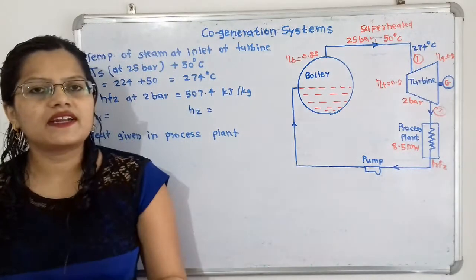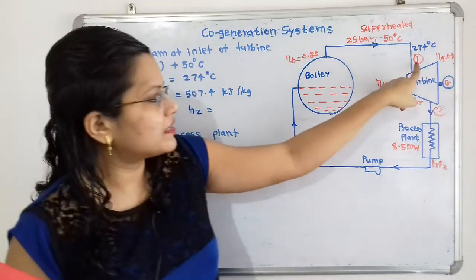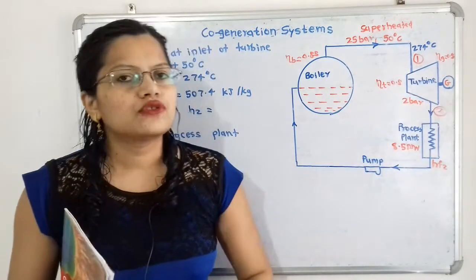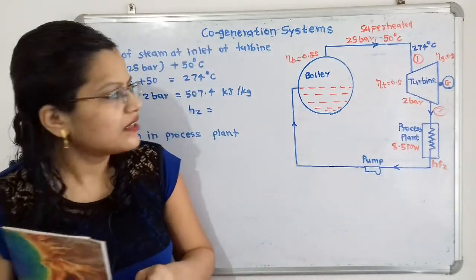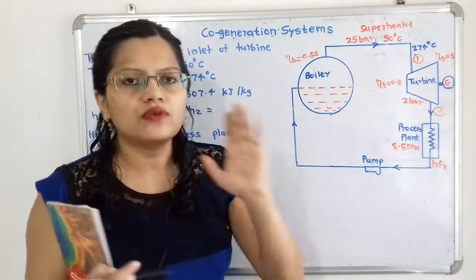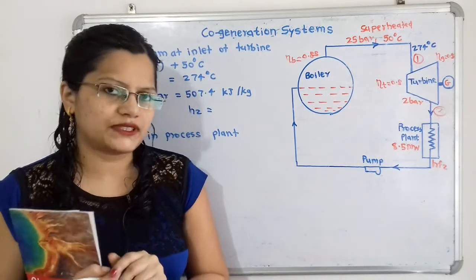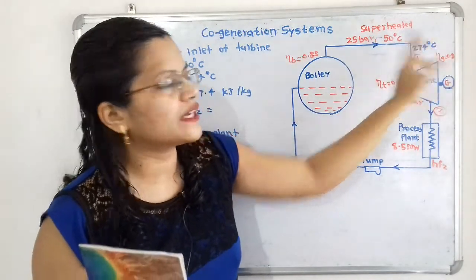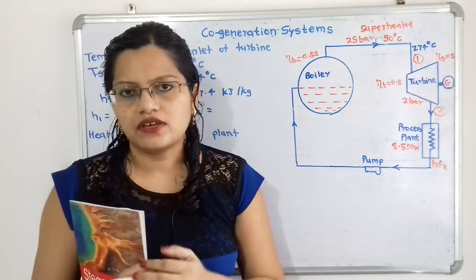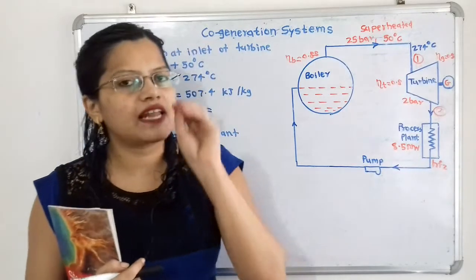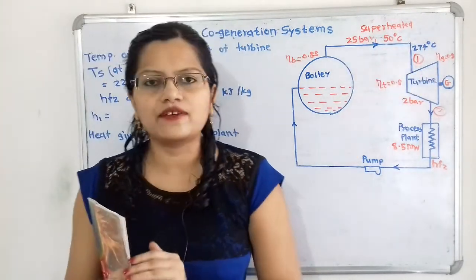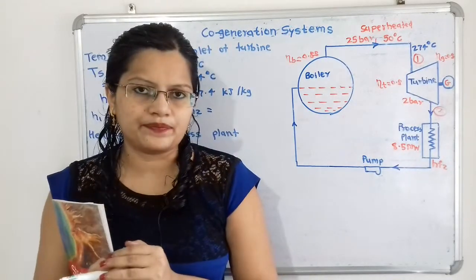Now we will find the enthalpy at point 1 as well as at point 2. For point 1, we take the condition of steam, which is at 25 bar and 274 degrees Celsius. From this pressure and temperature we will select point 1 on the Mollier diagram.